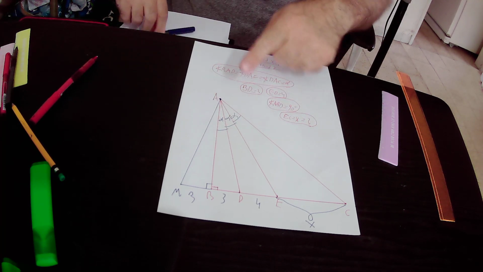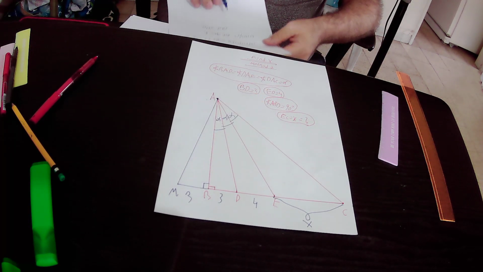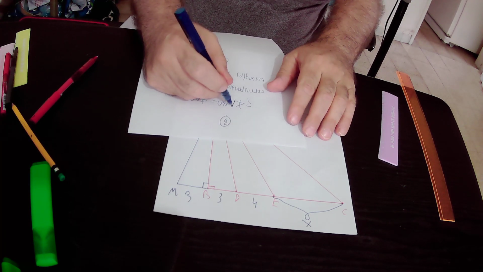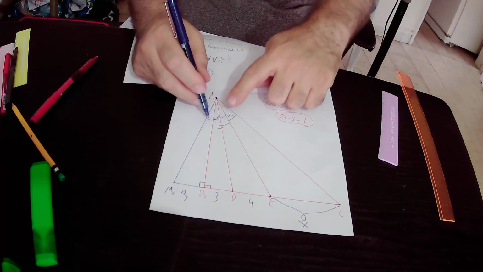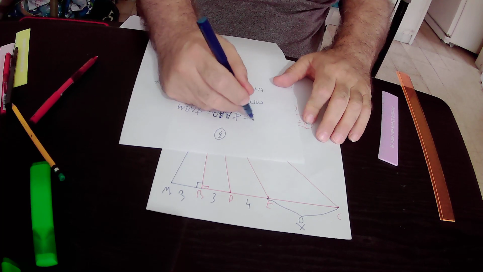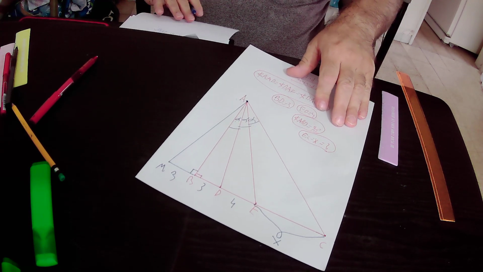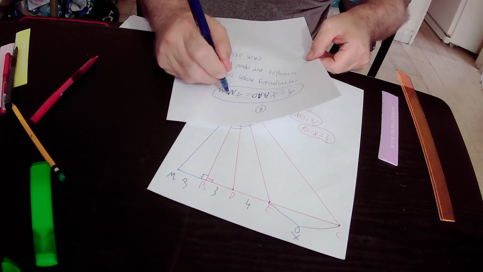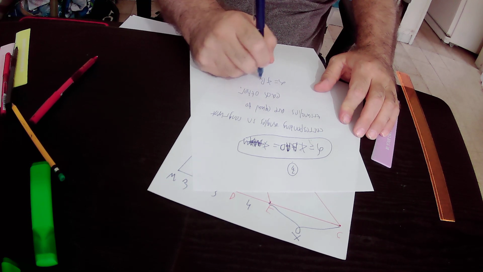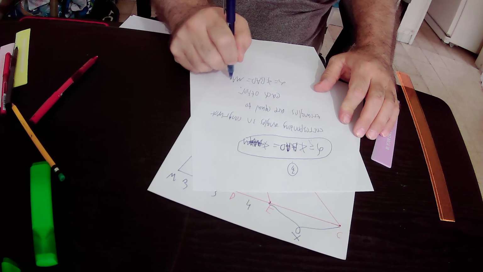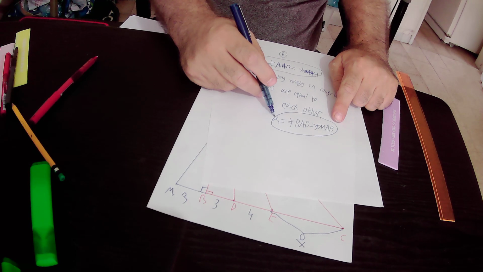So if we know that angle BAD equals alpha, and those two angles are equal to each other, from this equality we can derive that angle MAB also equals alpha.